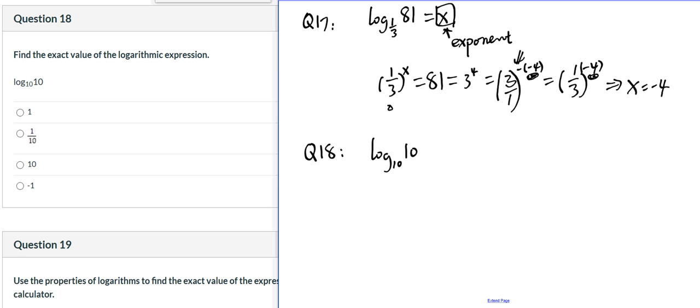You can punch your calculator to get that, which is easier. But without using your calculator, the technique is: you do not have the answer, so you make one, x. And one more time, exponent.